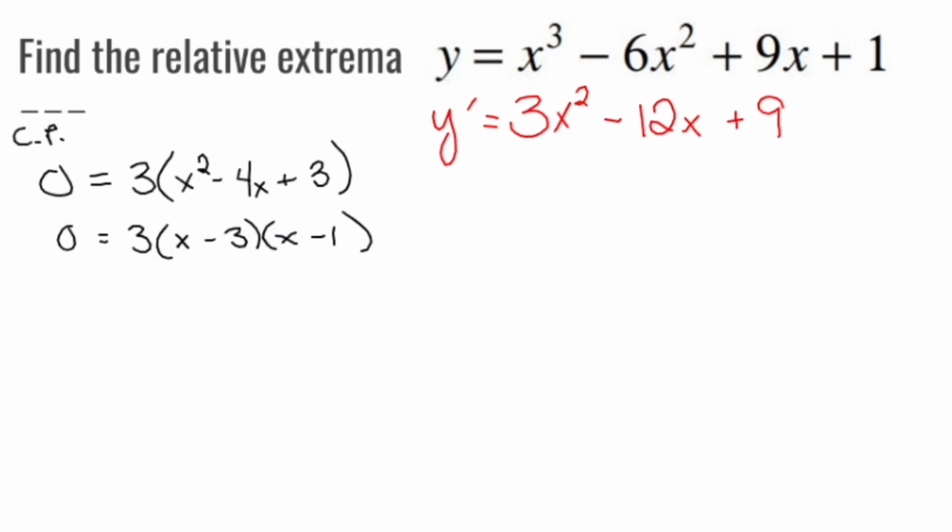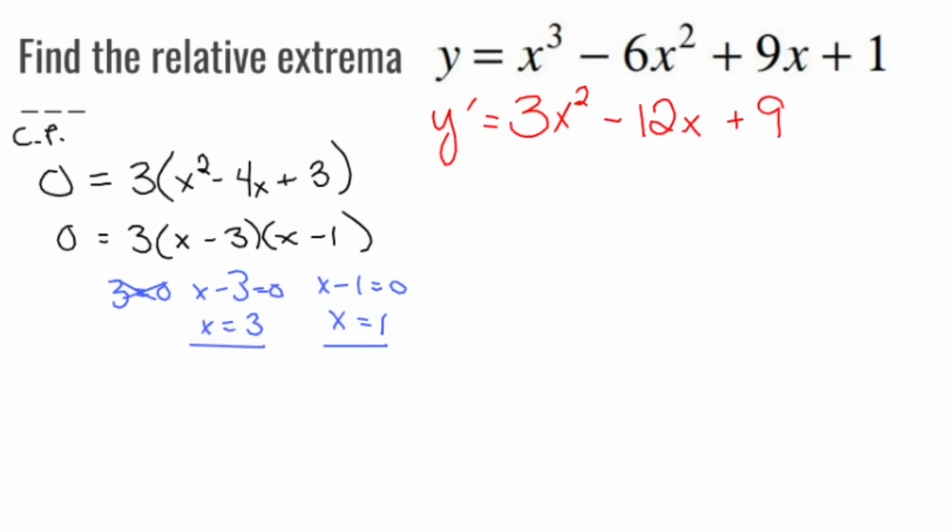Now, if 0 equals a bunch of factors multiplied together, I can use the zero product property and set each factor equal to 0. So 3 equals 0 means nothing. x minus 3 equals 0 means that I will have plus 3, you get 3. If I have x minus 1 equals 0, plus 1, you get 1. So my critical points are going to be where x is 3 and where x is 1.